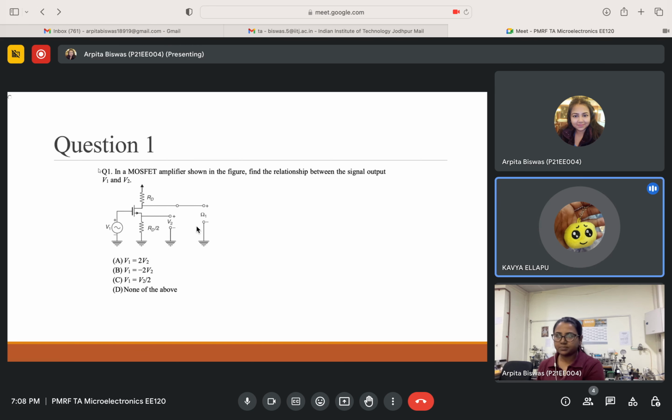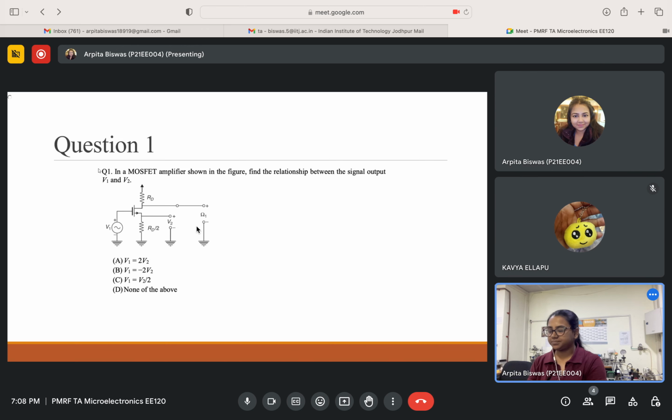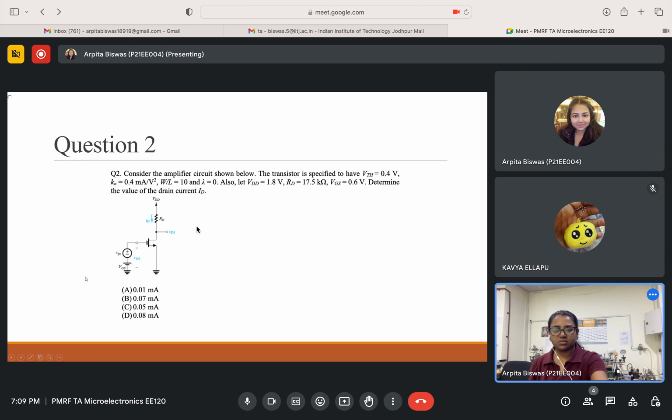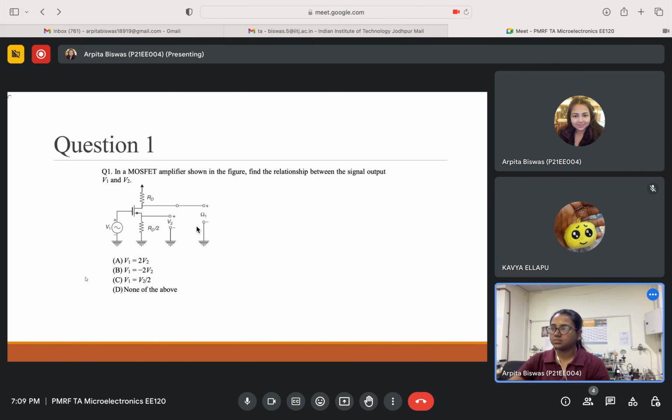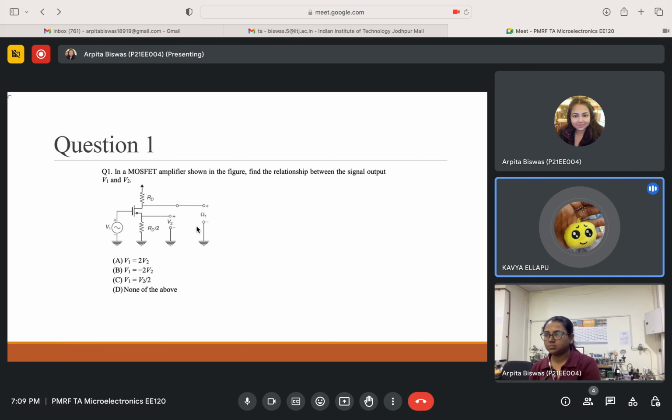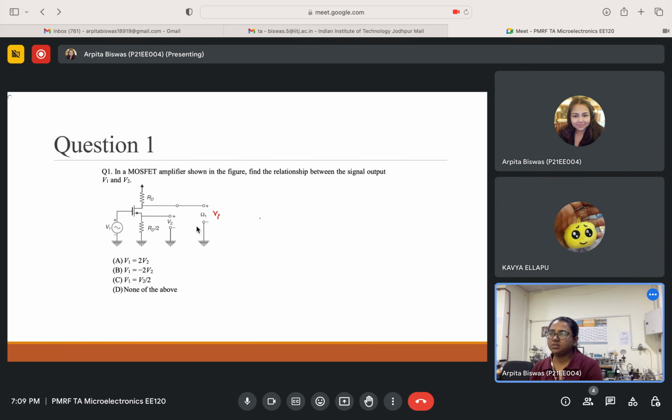Ma'am, V1 equal to V2 by 2. Can you explain? When we equate the current values, V1 by RD equal to V2 by RD, V2 into RD by 2. Okay, if you calculate V1, what is the value of V1 in that case?